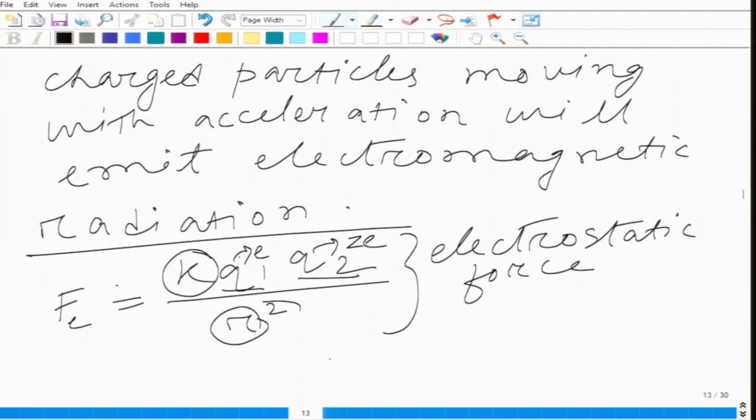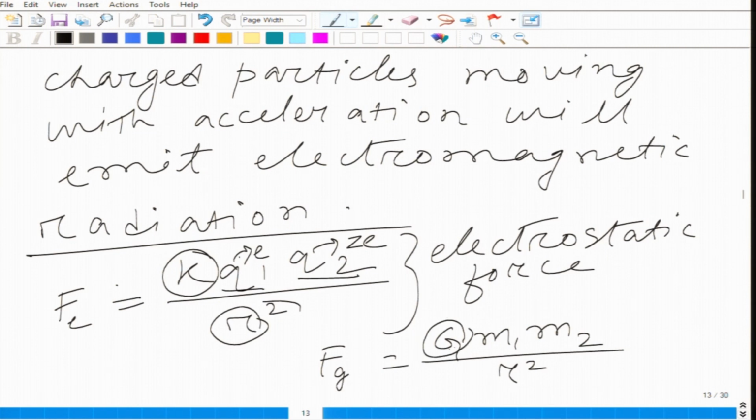And for the planetary model, we have this formula, Fg equal to G m1 m2 by R square. G is the gravitational constant, m1 and m2 are the masses of two objects.